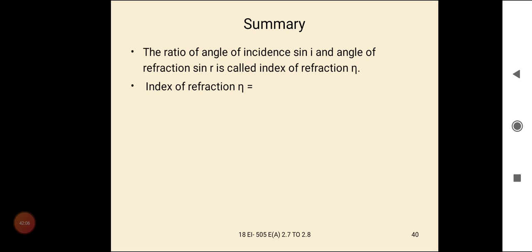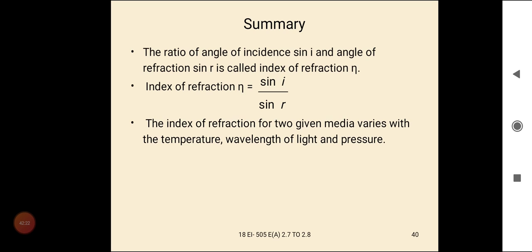Summary: the ratio of the sine of the angle of incidence, sin I, and the sine of the angle of refraction, sin R, is called the index of refraction, eta. The index of refraction eta is equivalent to sin I by sin R. The index of refraction for two given media varies with the temperature, wavelength of light and pressure.